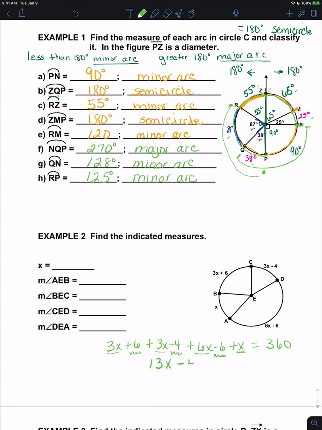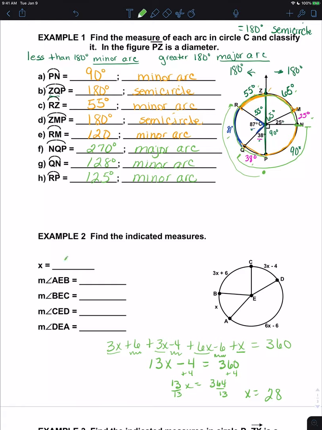So we've got 13x minus 4 is equal to 360. We're going to add 4 to both sides, just solving for x here. So 13x is equal to 364. Divide by 13, so our x will equal 28.